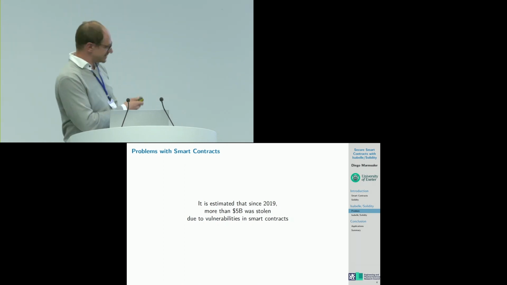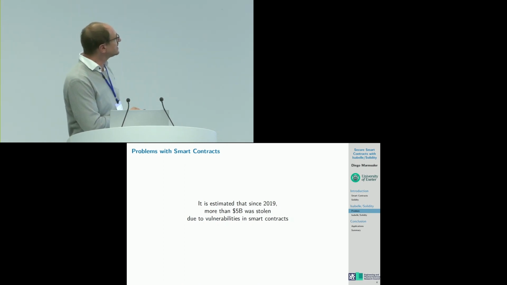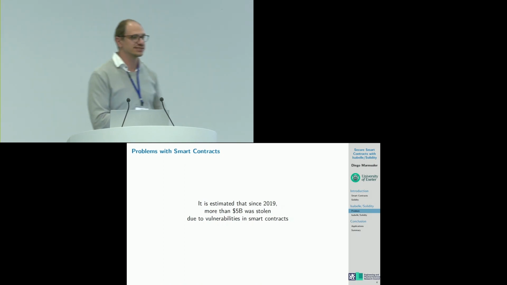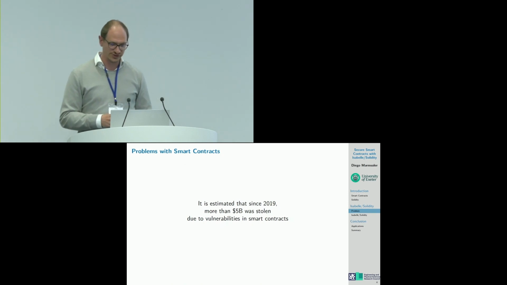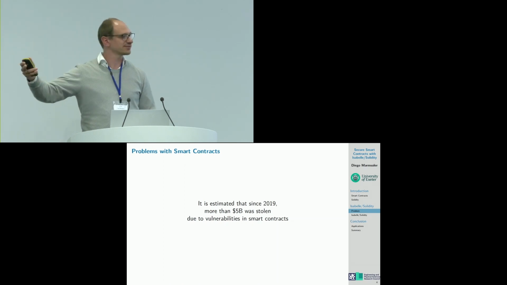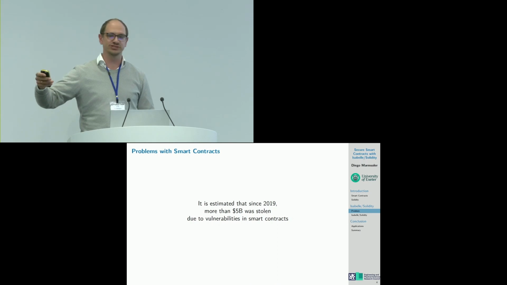Now, in general, it is estimated that since 2019, more than $5 billion were stolen due to vulnerabilities in smart contracts. So this is a lot, and therefore we would like to verify our contracts before we deploy them to the blockchain. Because once they are deployed, it's difficult to remove or update them anymore.